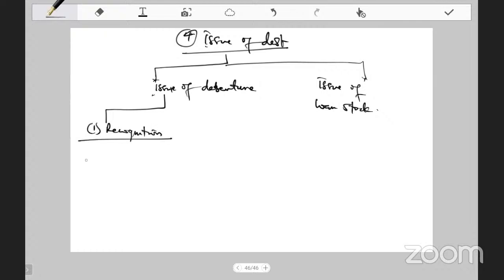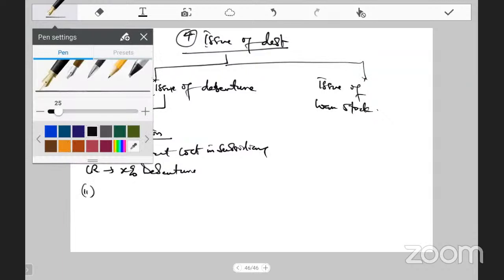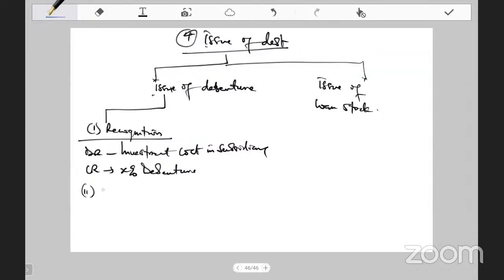How do you recognize the debenture? Debit the investment cost in subsidiary and credit the debenture. The debenture will always have a percentage.